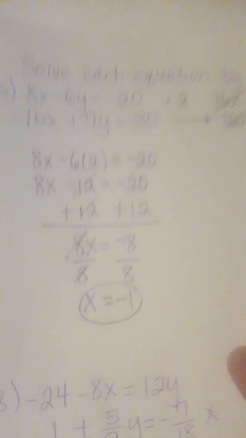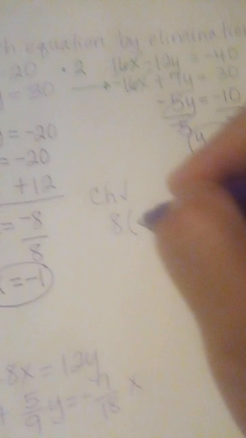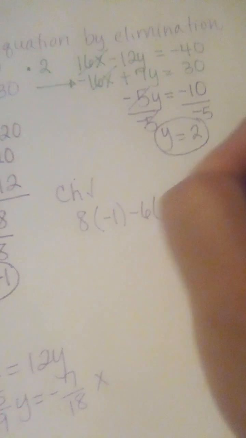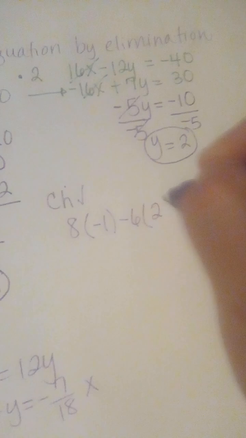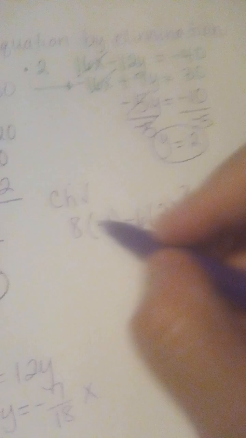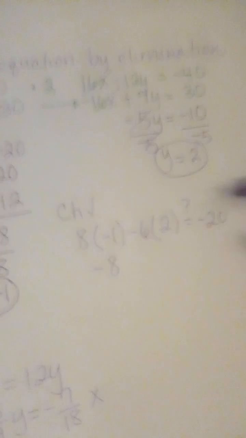We're almost done. We could do a check. I'm going to use the original equation, the 8x. Substitute the negative 1 for the x. Minus 6. Substitute the 2 for the y. Make sure it's a negative 20. Multiply these two. This will be a negative 8.